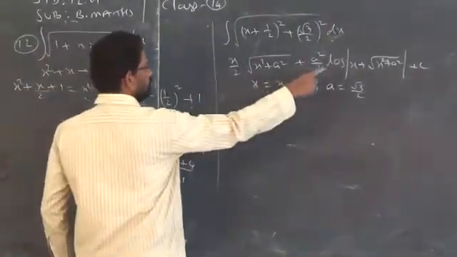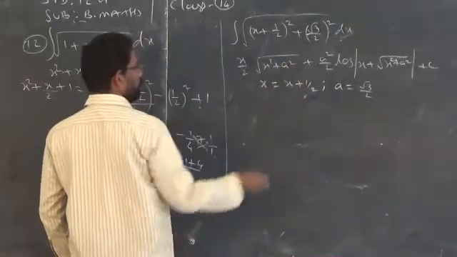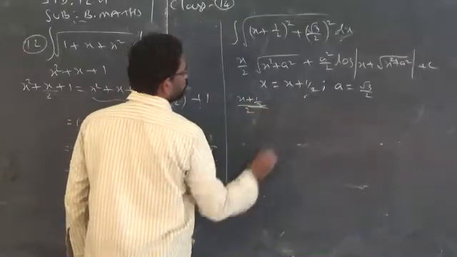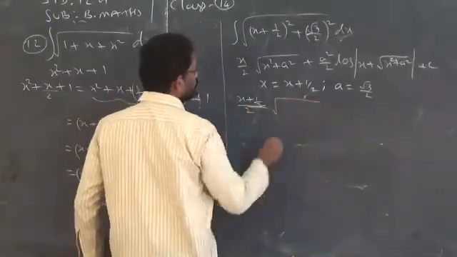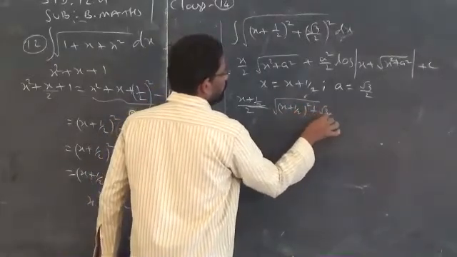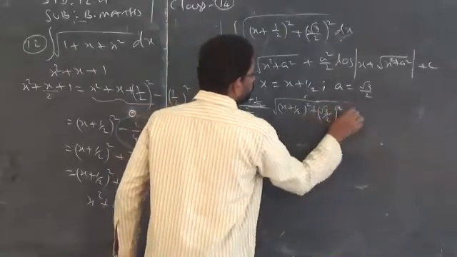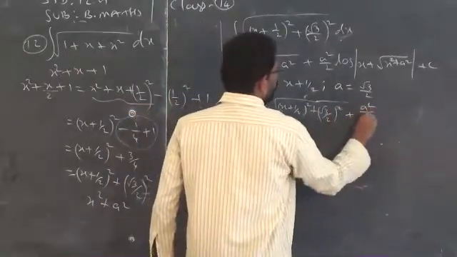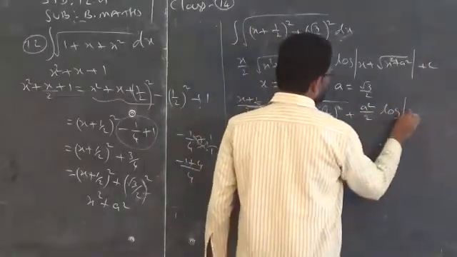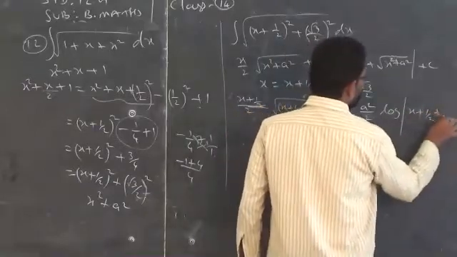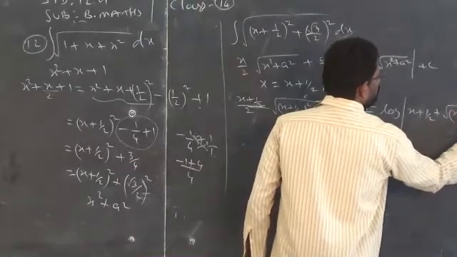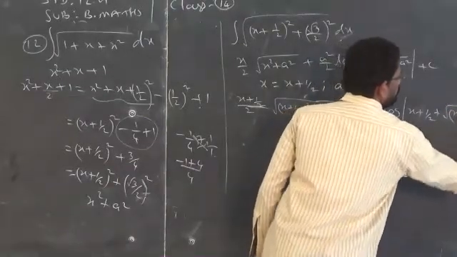Just replace x and a in the formula. x is x plus 1 by 2, by 2, square root of x plus 1 by 2 the whole square plus root 3 by 2 the whole square. Just substitute, then I will tell you how to write down the final answer. Log, again x is x plus 1 by 2 plus square root of x plus 1 by 2 the whole square plus root 3 by 2 the whole square, plus c.